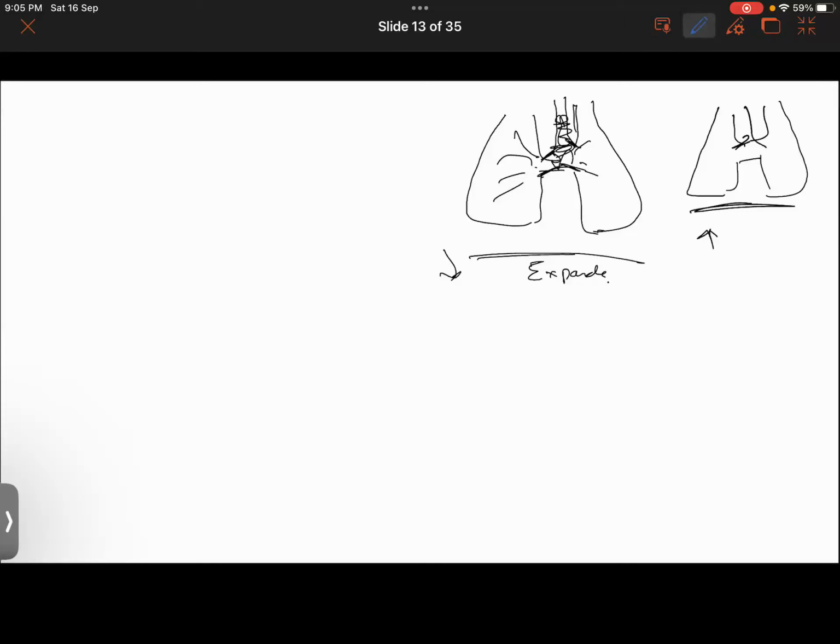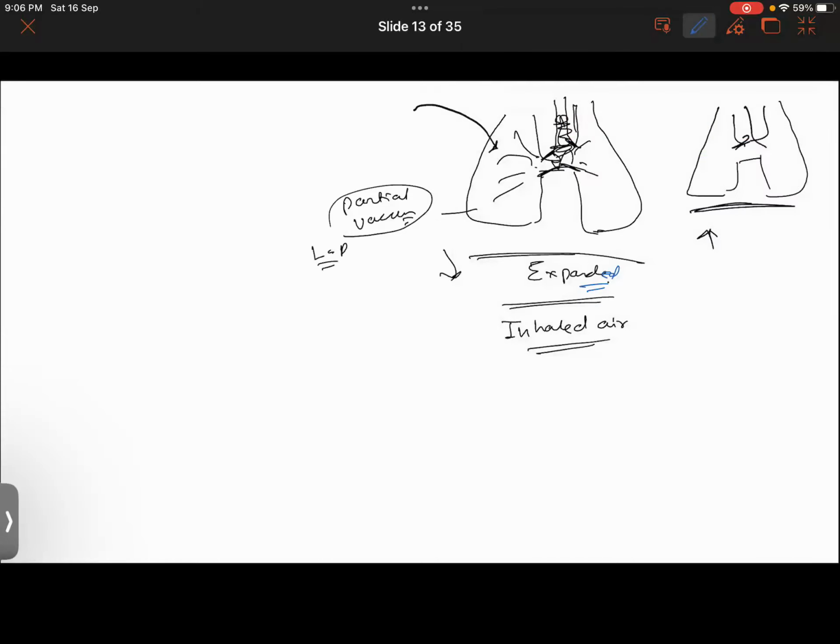Yeah, here you have these expanded lungs, which basically shows that you have inhaled air. When the chest expanded, the lungs expanded, there was a partial vacuum created here, due to which the air entered our lungs because there was low pressure in this region.